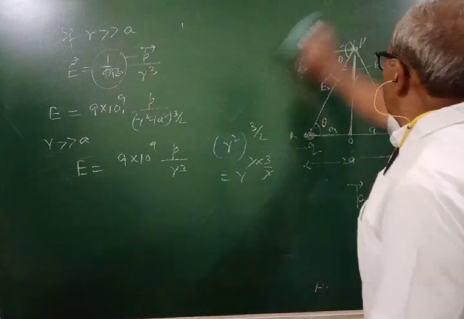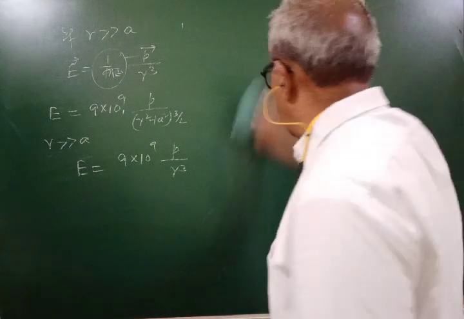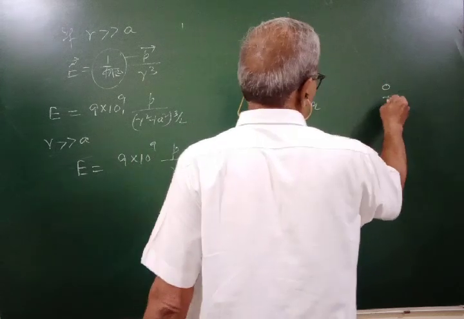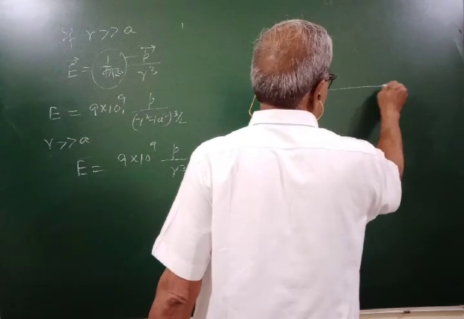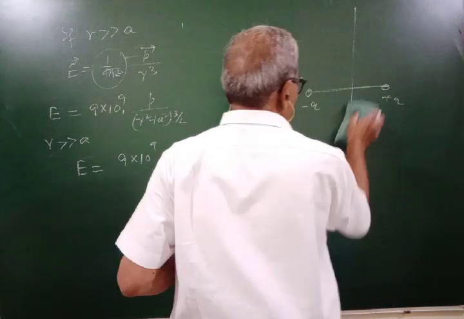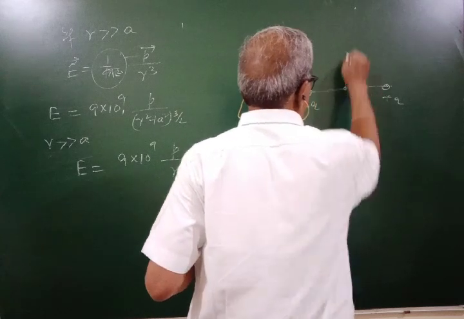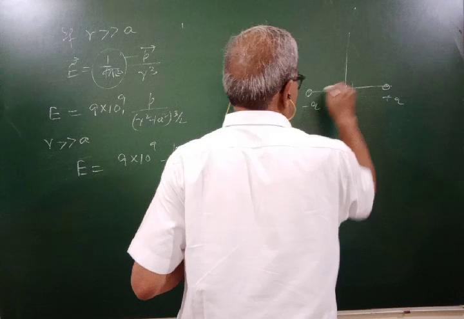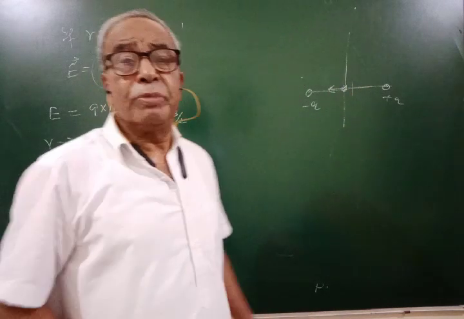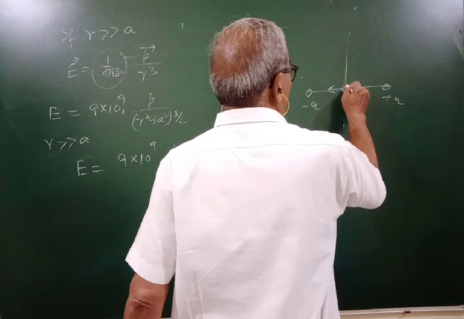Now I told you that at the right bisector the field is always anti-parallel. Our dipole is minus q, plus q, this is the axis, and this is the right bisector. So at the right bisector the electric field is anti-parallel, so it will be like this. So what will be the direction of the field here? Again this way. Many times this question is asked: what is the magnitude and direction of electric field at the midpoint of the dipole?